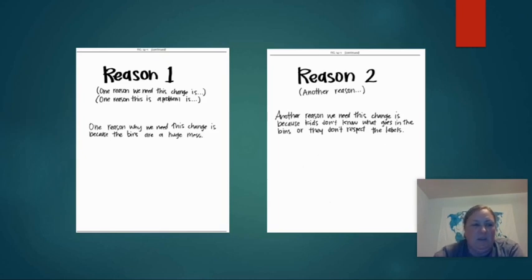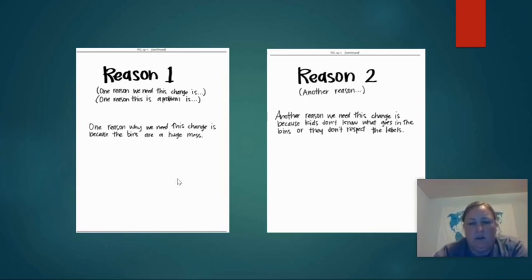So if I walk past the recycle bin and I see a Kleenex tissue in there, that doesn't belong in there. And so just going through some training and explaining, okay, how do we help kids to know how to do this better? So those are 2 of my reasons, and I definitely have more that go with it. But I just wanted to give you an example of how you could start yours out.